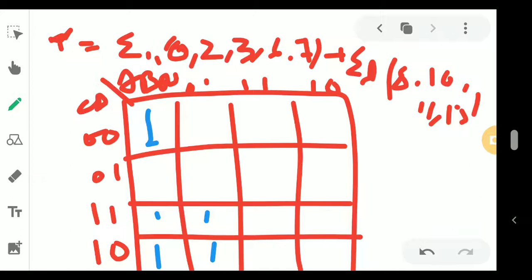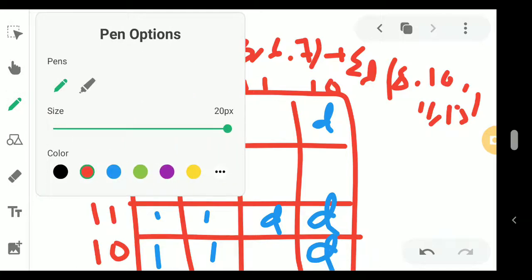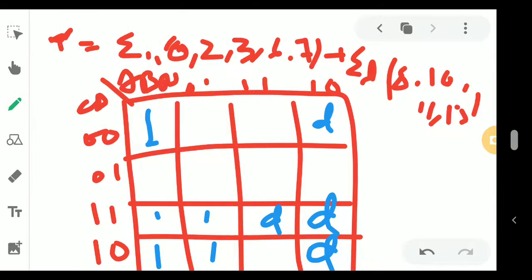We will put the don't care positions. So D over here, D over here, D over here, D over here. So in these positions we will put the don't care options. Now if you try using the folding method, this one and this one we can combine.